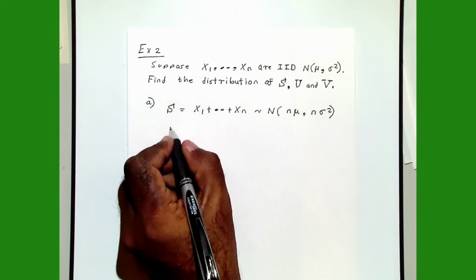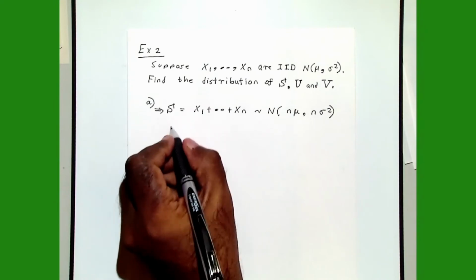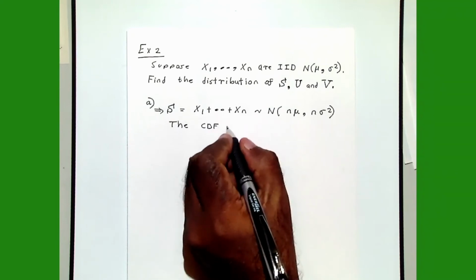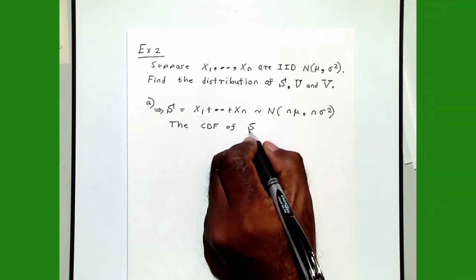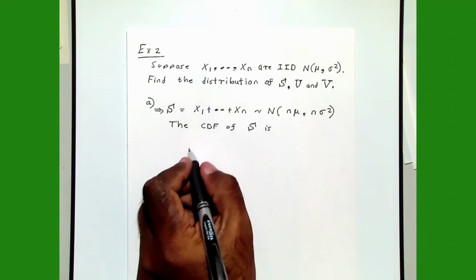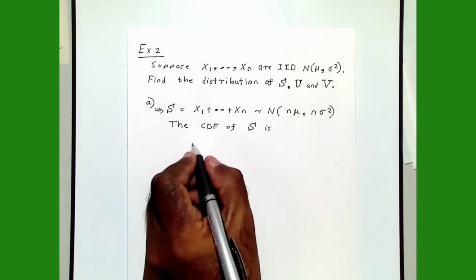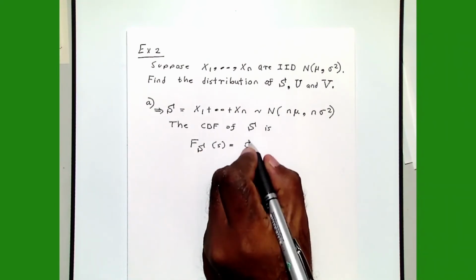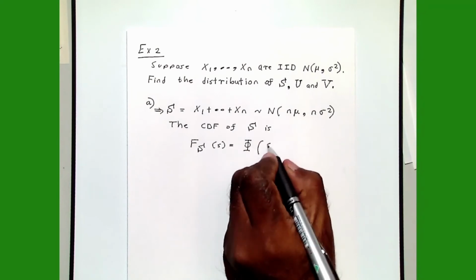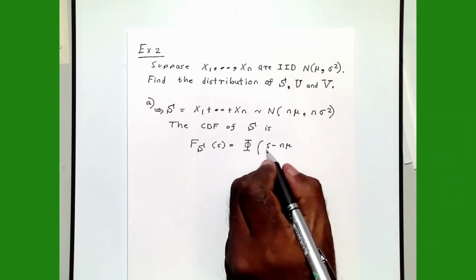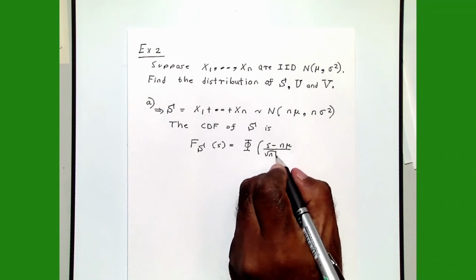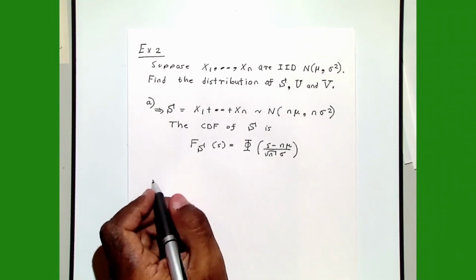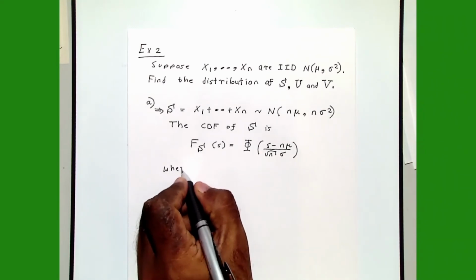So the CDF of S is just the CDF of this normal variable, which is this. All right. Here phi denotes the CDF of the standard normal, where phi is this.